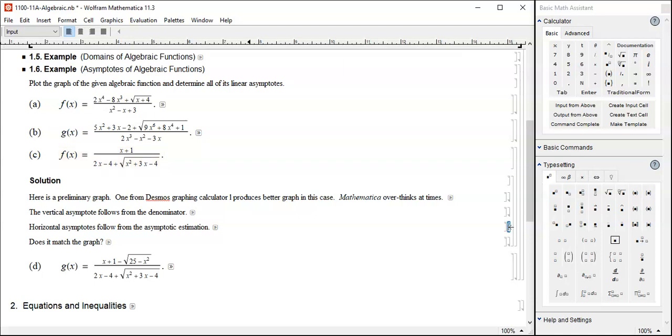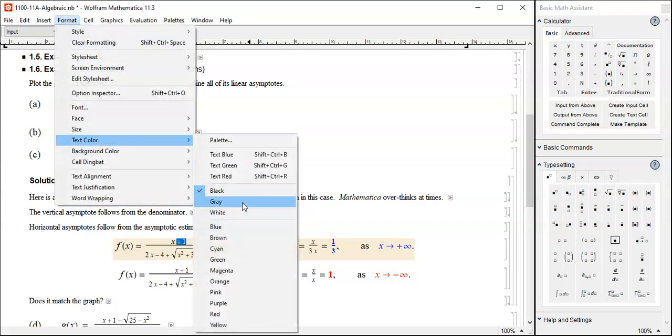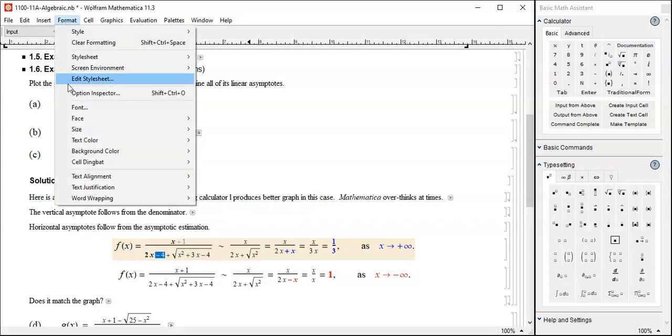Okay, how do we handle that? Take the leading term, and this one is not very important, so de-emphasize it in gray.